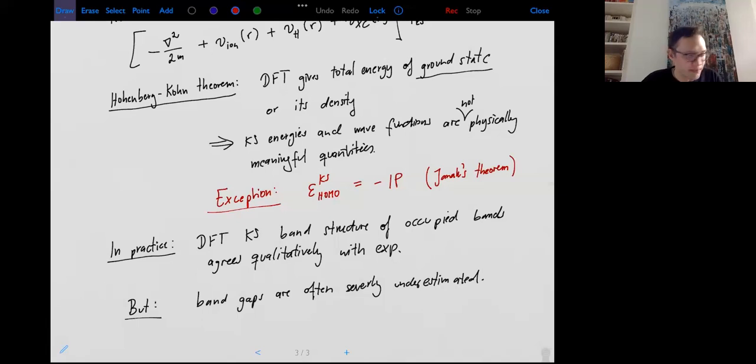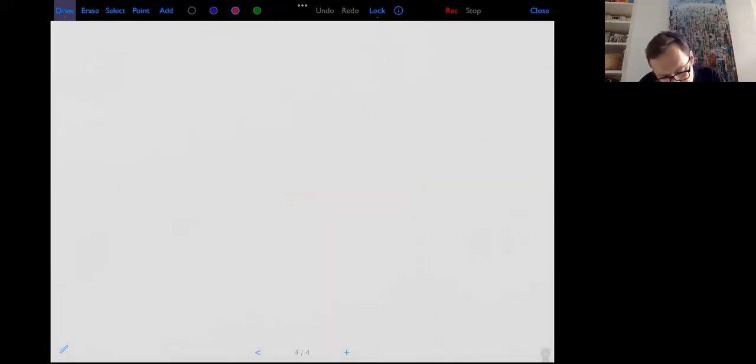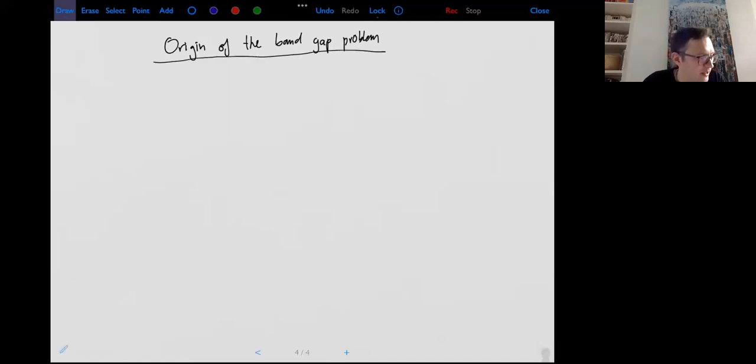So that's what we'll talk about next. We'll try to understand where this problem is coming from. We want to understand what we need to do to get good band gaps.